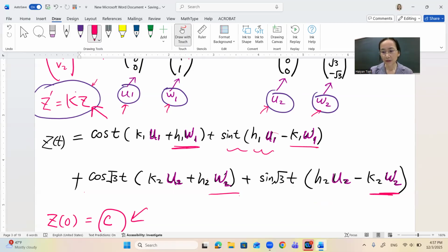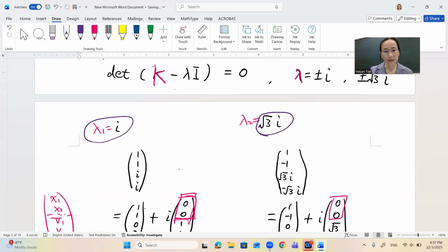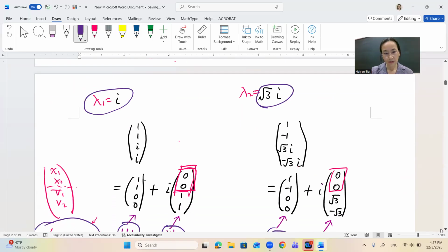If you remember what U1 is, U1 is a vector of 4 entries.